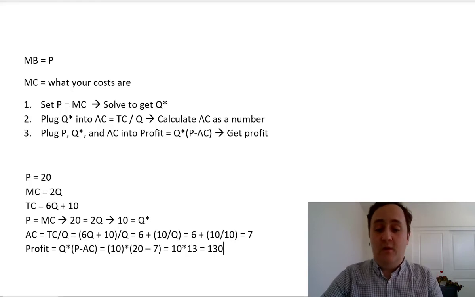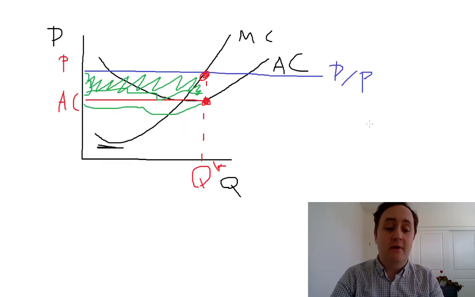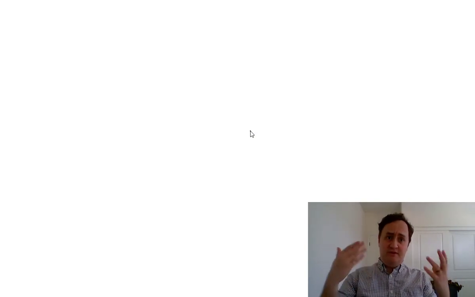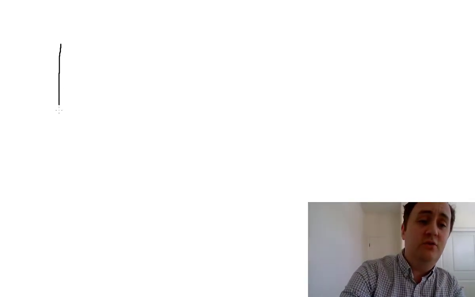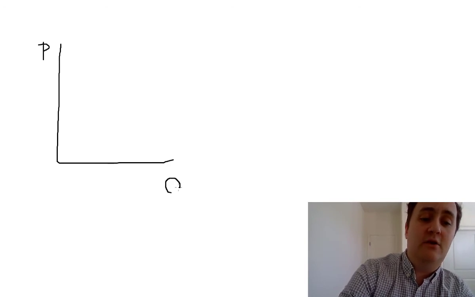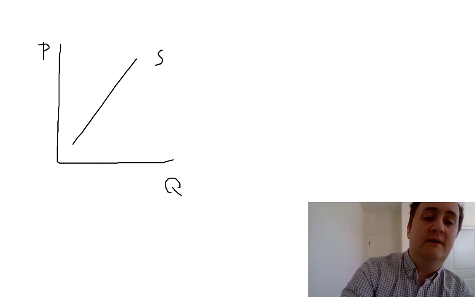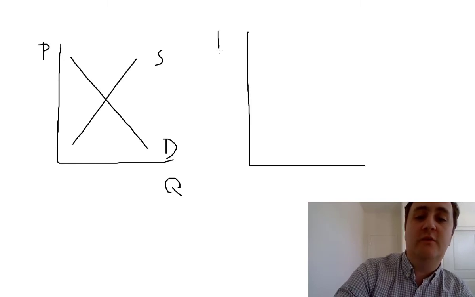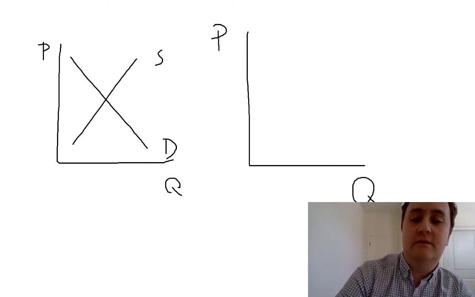One very last thing that I want to do is just show you where exactly that price comes from, because I've just given you the price here, but remember, this is coming from the market itself. So we can envision where this price is coming from by drawing two graphs. Over here on the left, we have a regular supply and demand curve for a market. Over here on the right, we have the individual firm's costs.